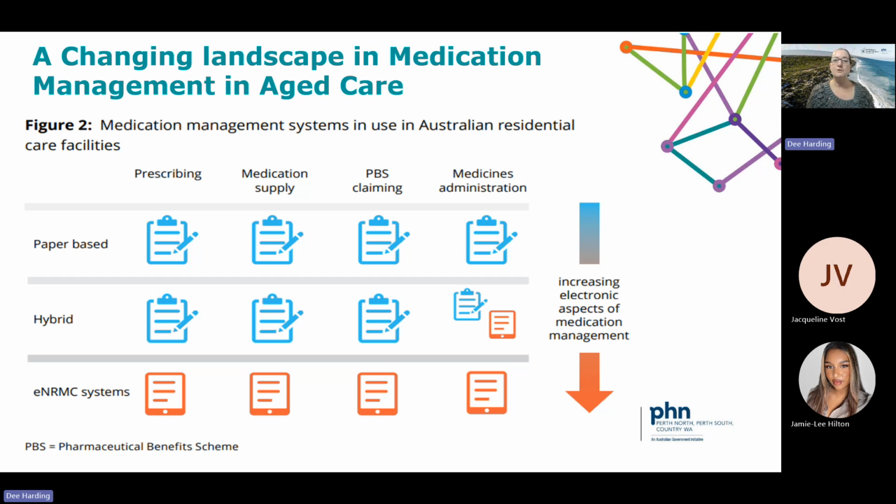The hybrid way of doing things uses a combination of paper and electronic prescriptions and administration charts. So this often involves the following. There could be a handwritten medicine order, prescribed on the residential care facility's paper chart.